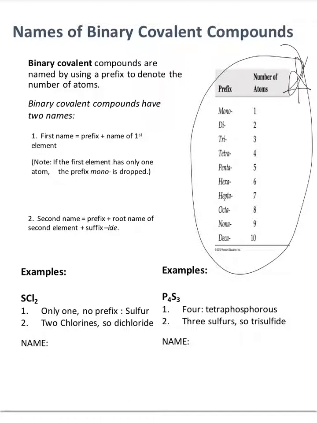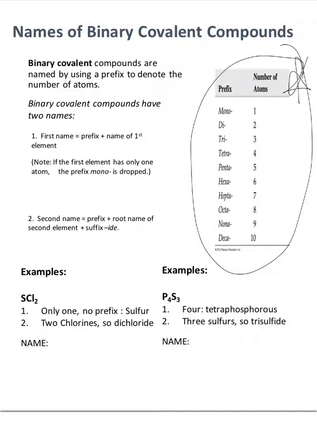So again, just pulling the name right off the periodic table. With the second name, it's kind of the same as ionic naming. You're going to pull the name directly off the periodic table, drop the ending and add IDE to it, just like you would with your ionic names. But now what you're also going to include is the prefix.